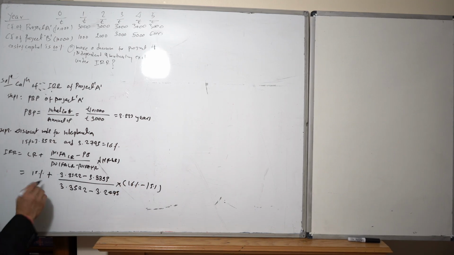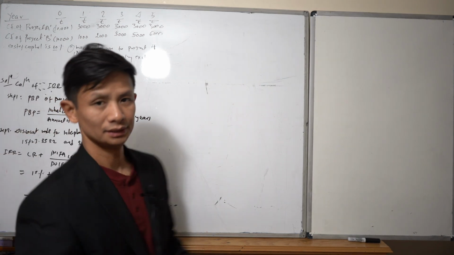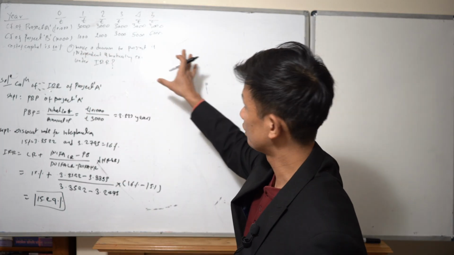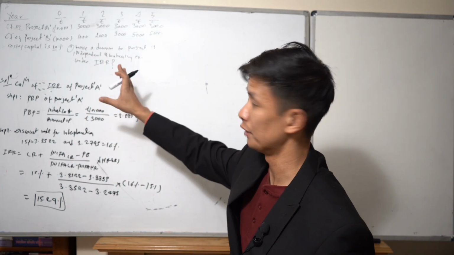If we calculate all of this, we get the value of 15.24%. So the IRR for project A is 15.24%. This calculation is straightforward because there is an even cash flow for the project.